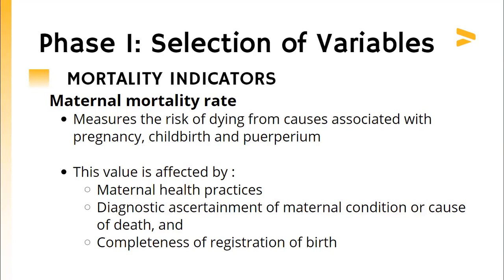This measures the risk of dying from causes associated with pregnancy, childbirth, and puerperium. Puerperium is the period of time after childbirth, or the postnatal period. This is affected by maternal health practices, diagnostic ascertainment of maternal condition, and completeness of registration of birth.